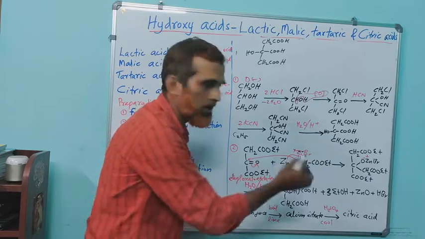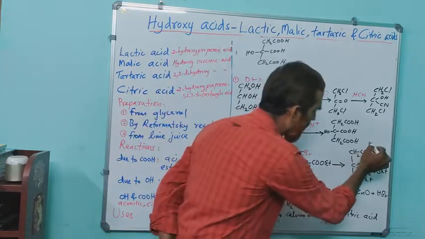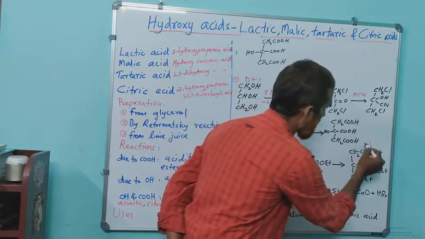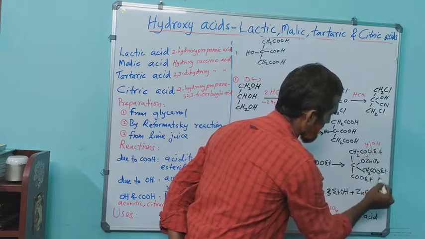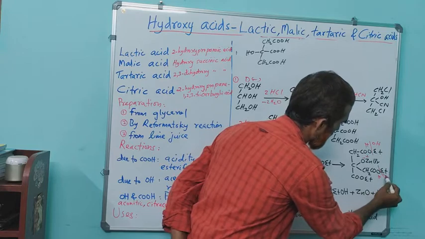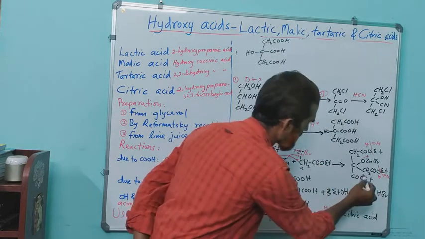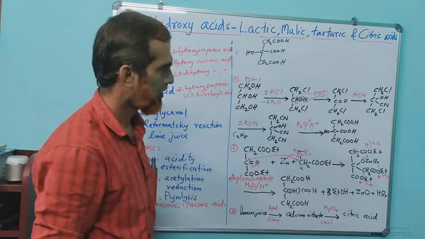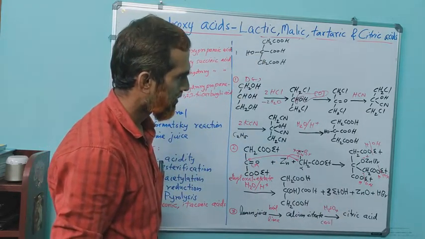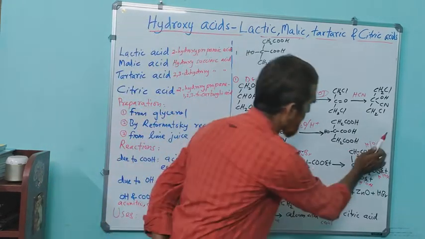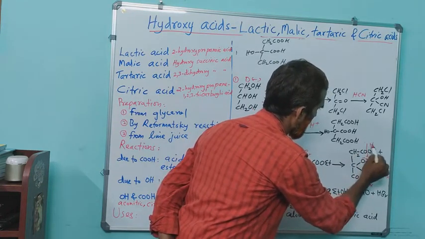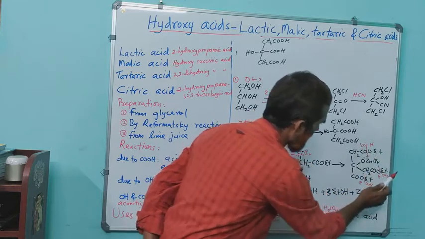And finally hydrolysis. On hydrolysis, all ester groups get hydrolyzed. You get hydrolysis like this. This is also hydrolyzed. All become acid now. This also gets hydrolyzed. Or more appropriately, it should be shown like this, not like this.